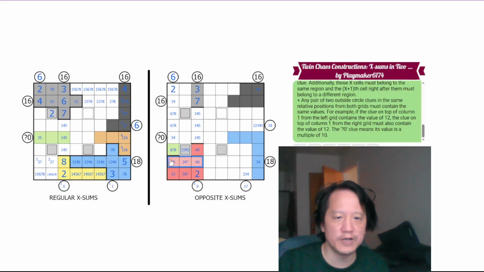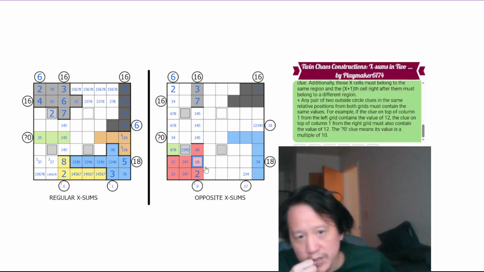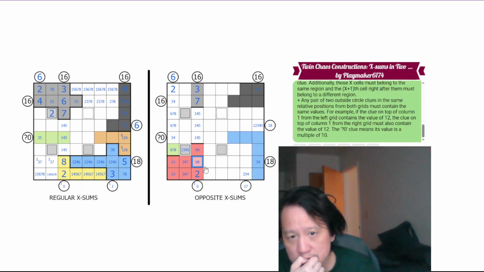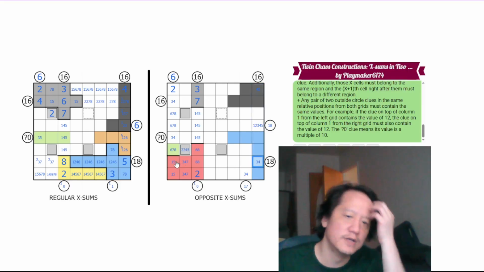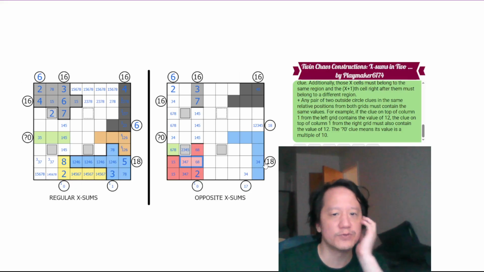Can this be 3 adding up to 18 here? 5, 7, and 6. Yes, it could be. 2 does eliminate 2 here. So this could still be 3. It could be 5, 6, 7 with 3 there.